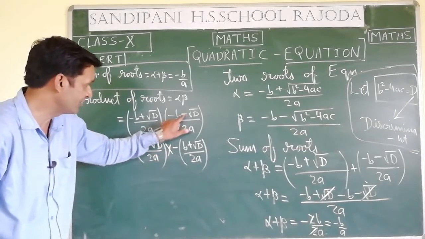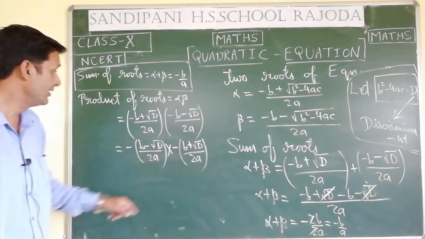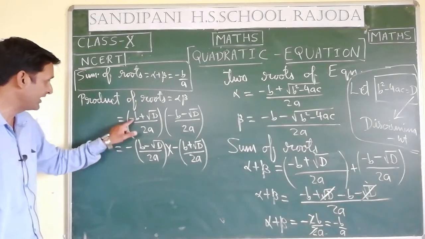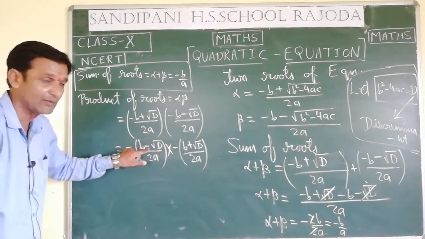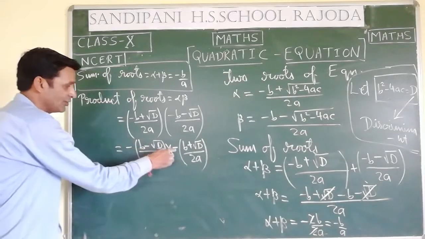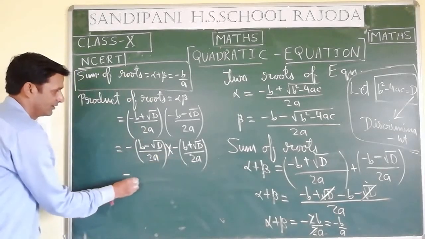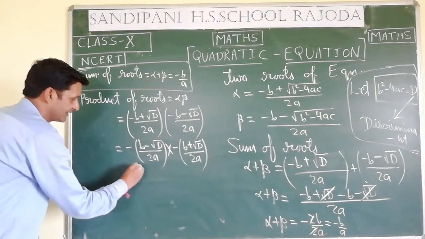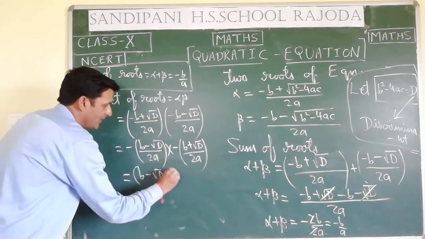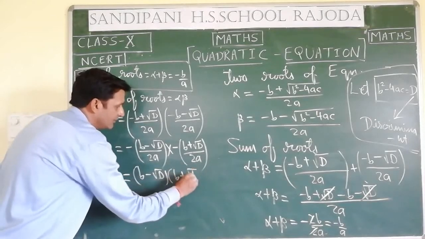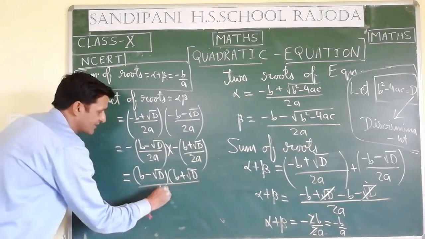So this is negative, both will become positive here, and if we take the minus sign common from here, then this negative will become positive and positive will become negative. Now this minus into minus is plus. Now we may say that it is b minus root D into b plus root D upon 4a square.